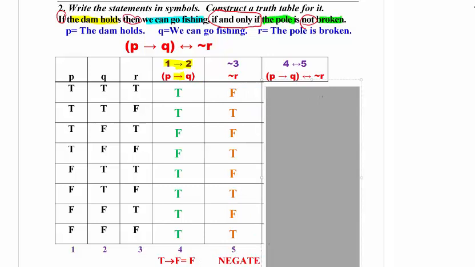My last step is doing my if and only if. I'm looking at column 4, then 5. That's important. Doesn't matter the order. The rule on this one is they have to match to give me a true. The first one does not match, so it's a false. The second one is true then true. It matches.